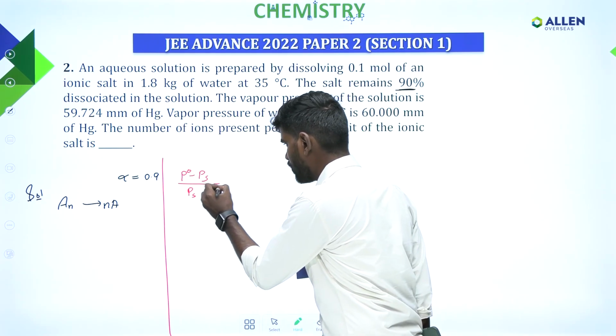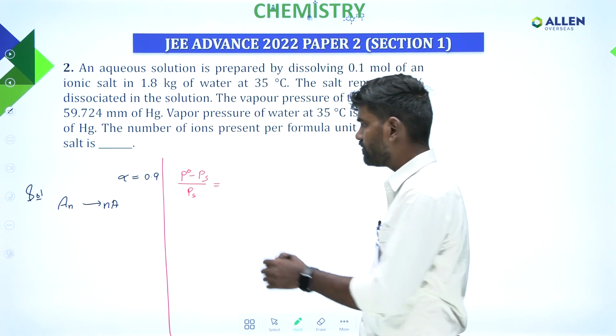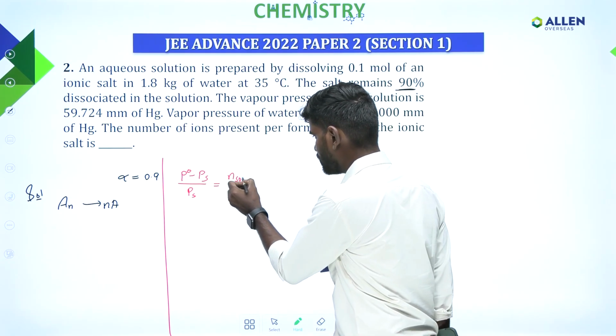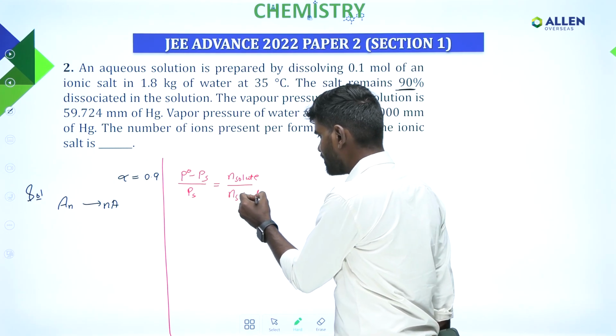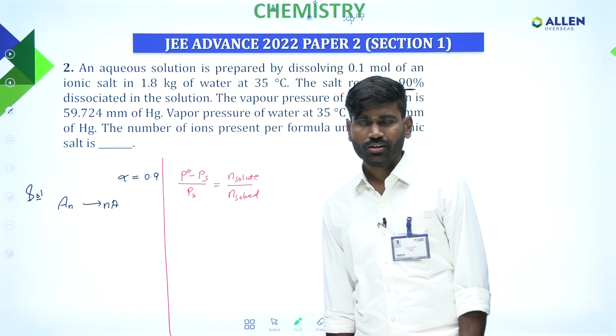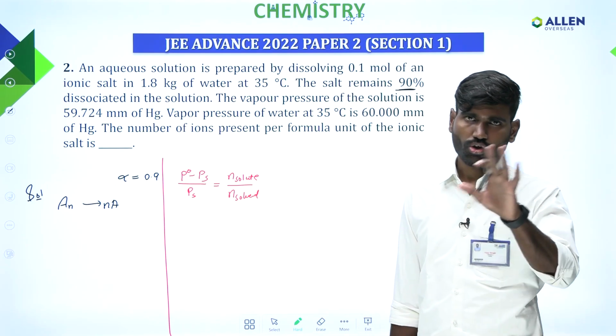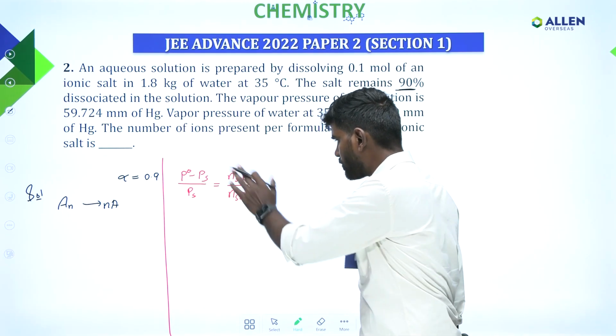This is not relative lowering of vapor pressure, just another formula that we use, equal to moles of solute by moles of solvent, right? This formula is also used in the relative lowering in vapor pressure topic.